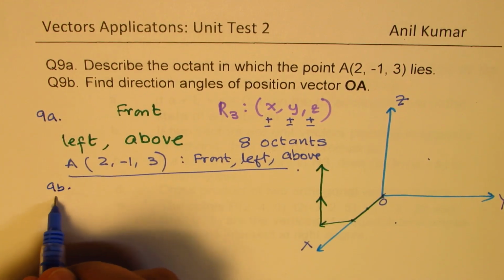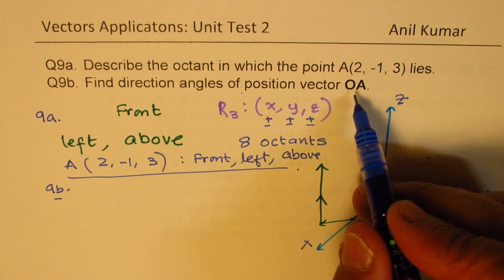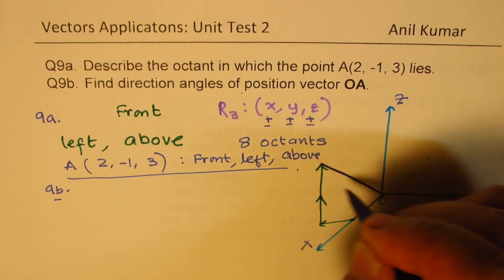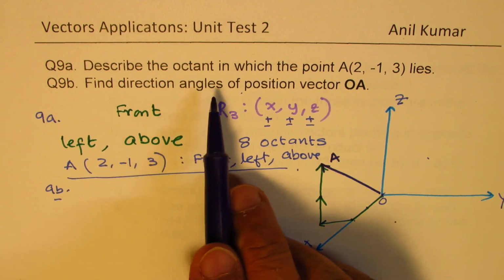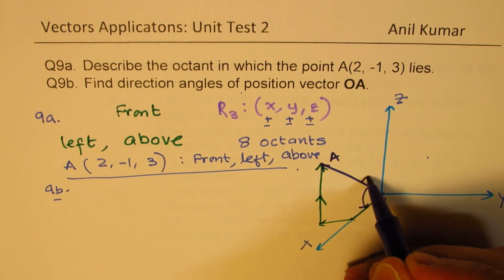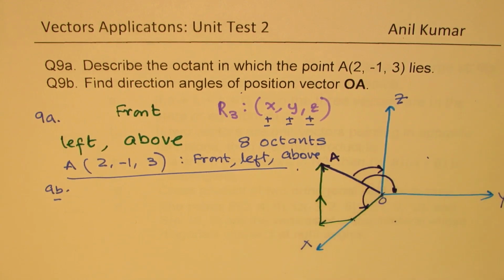Now let's find the direction angles of the position vector OA, right? Direction angles means angles with the x-axis, the y-axis, and the z-axis. Is that clear to you?